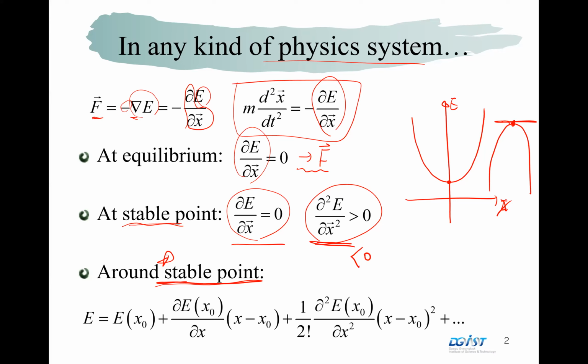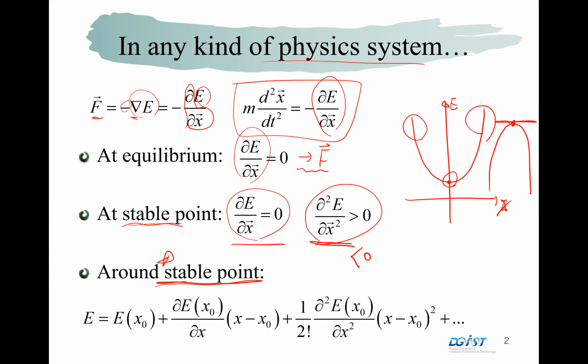For example, let's think about this ball pen. It consists of many molecules, and each molecule is very stable, so they work around this kind of energy stable point. In much of physics, we don't need to consider high excited states.